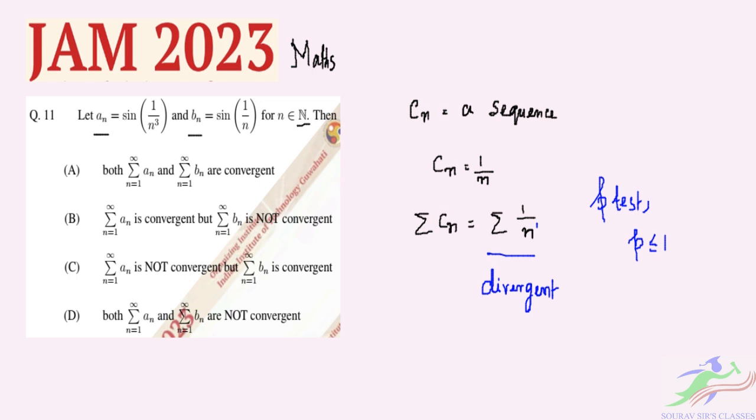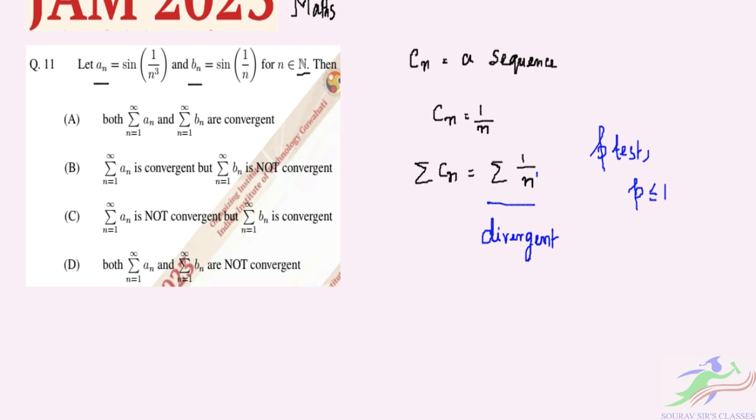Now if I take the limit as n tends to infinity of b_n by c_n, if it is not equal to 0, then only we can say that b_n and c_n both are divergent, or not convergent.